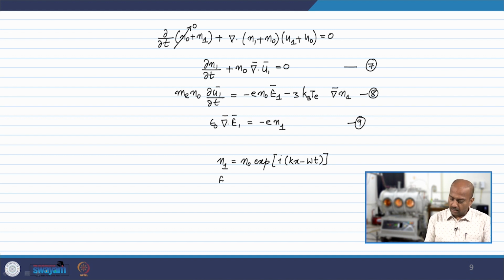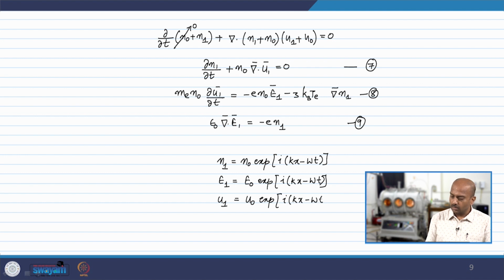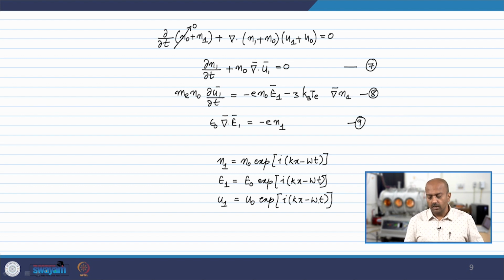The electric field E 1 is E naught exponential i times k x minus omega t, and u 1, the velocity, is u naught exponential of i times k x minus omega t. We know very well only the real part will have some physical meaning.